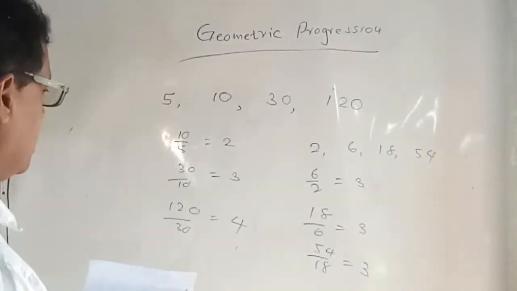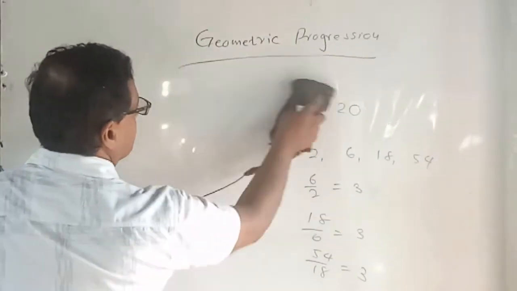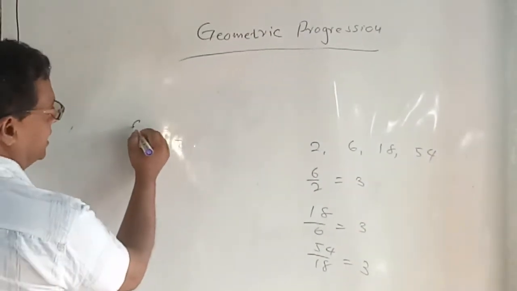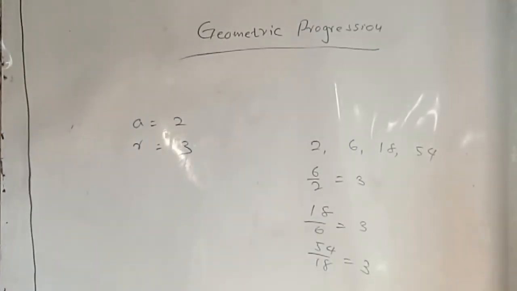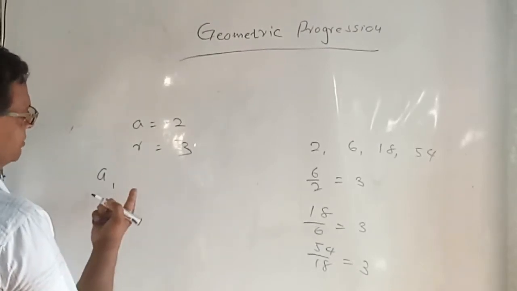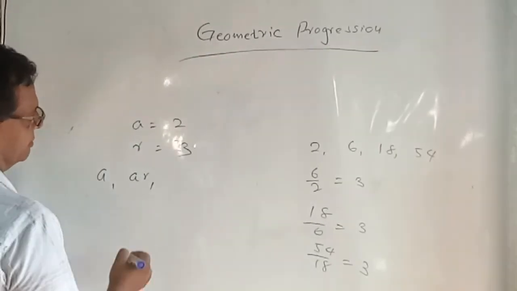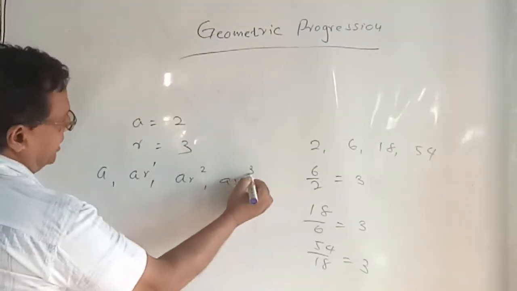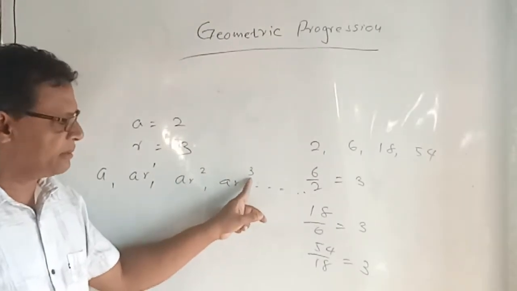Now we are going to find the general term for this expression. Now a is the first term, 2, and the common ratio is 3. To get the second term, you have to multiply the first term by the common ratio, that is ar. The third term is ar squared, then ar cubed, etc. When you come to the fourth term, the power is 3, one less.